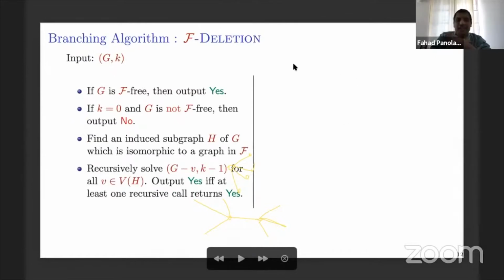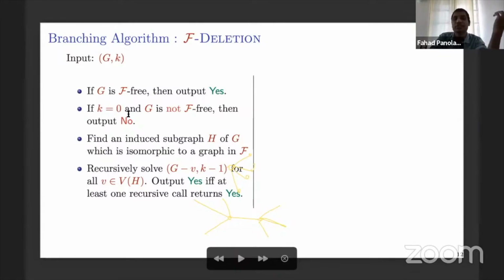Now I will explain a very simple algorithm for F deletion. I want to delete k vertices to get into the F free graph. So the algorithm goes like this. You can think that the graphs in F are of constant size, and you want to delete k vertices to get into the F free graph class. If G is F free, then you don't need to delete anything.